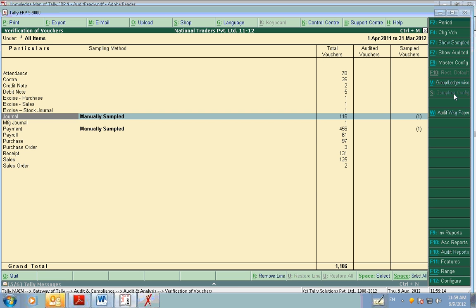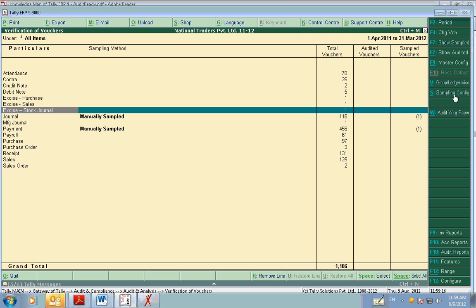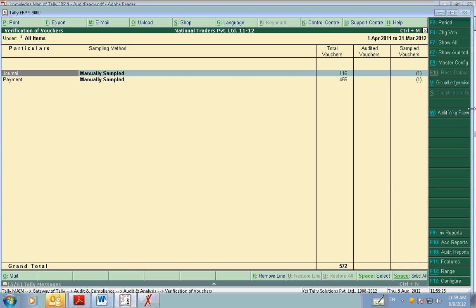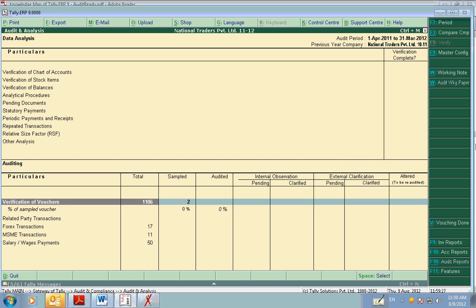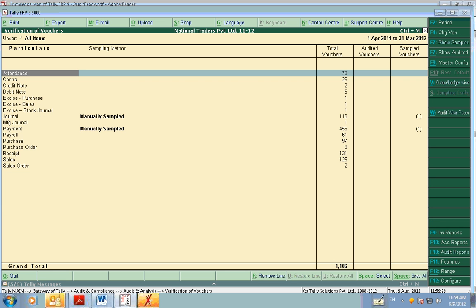If you just go to this particular excise stock, you can see here, you can always mark them as a manual sampling if required. Mark as manual sampling, you can drill down to the entry level and mark them as transactions.